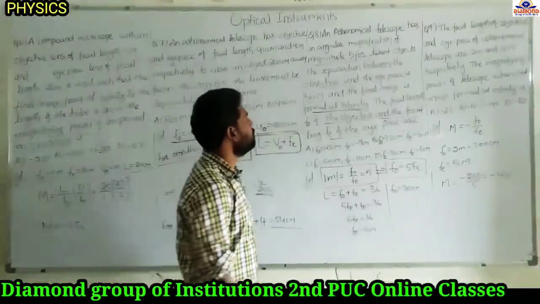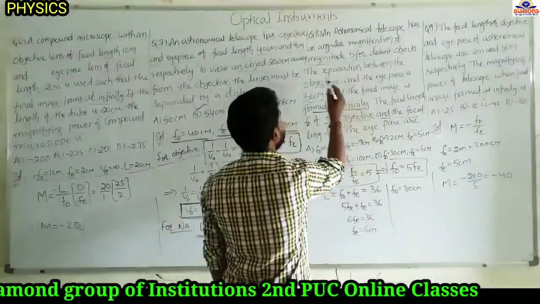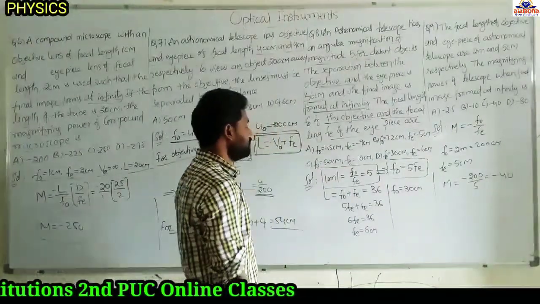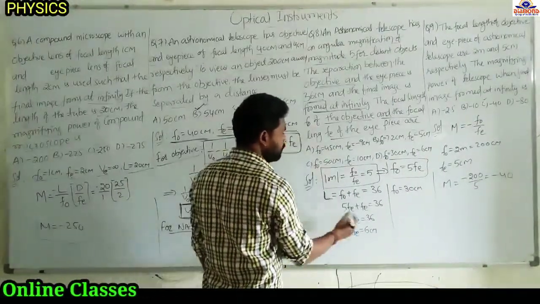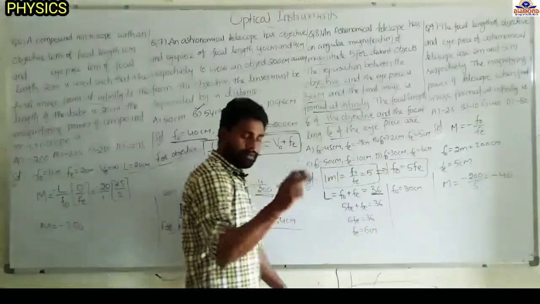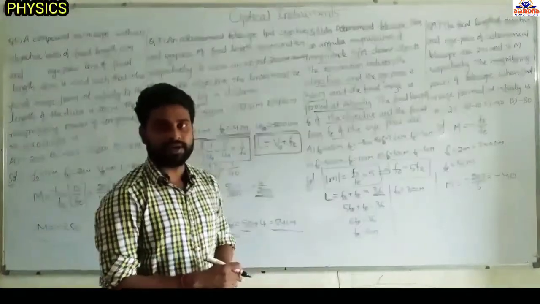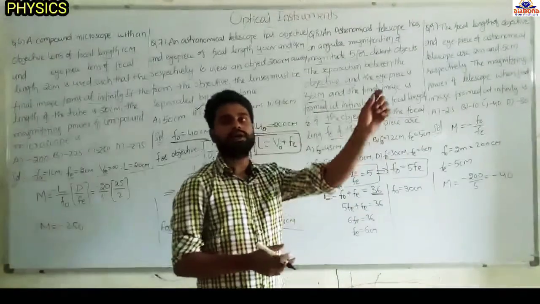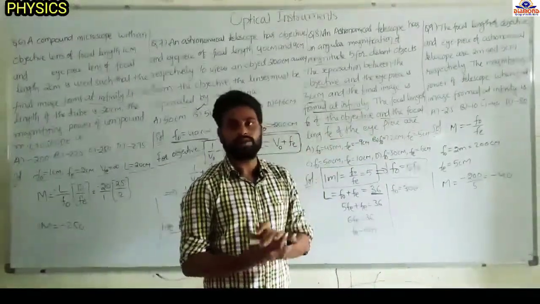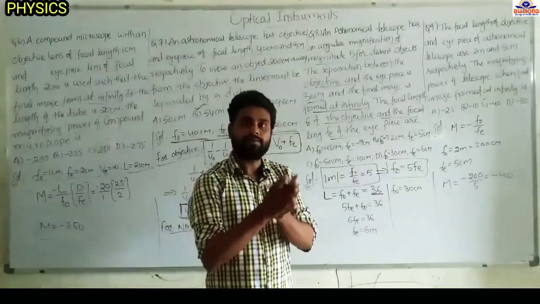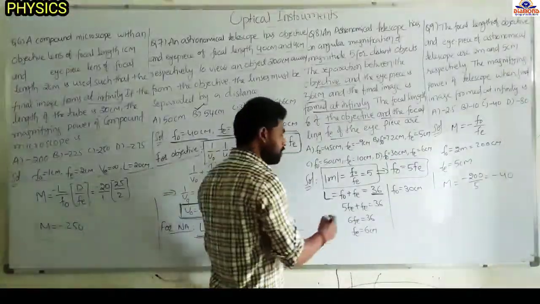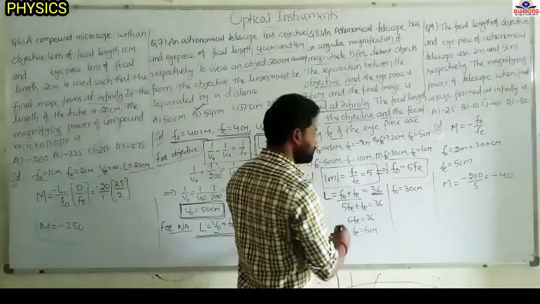The next thing they gave: the separation between the objective and the eyepiece is 36 centimeters. So the length of the tube equals 36 centimeters. Now the image is forming at infinity, so the image of the objective lens should be formed at the focus of the eyepiece. Then the length equals f naught plus fe.